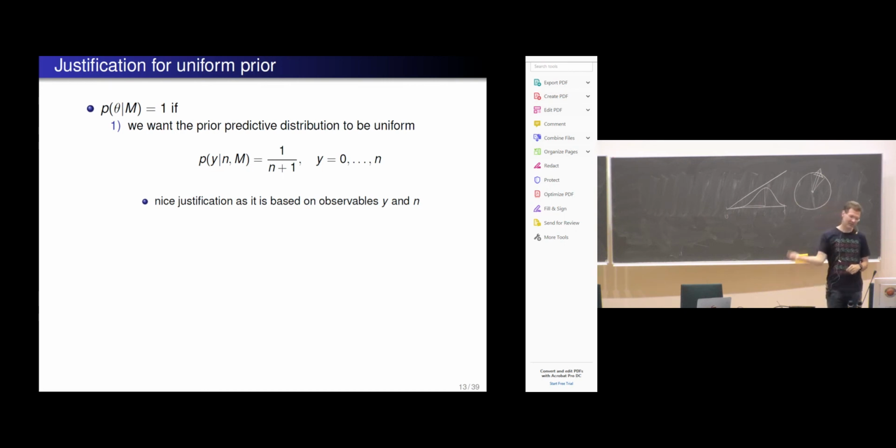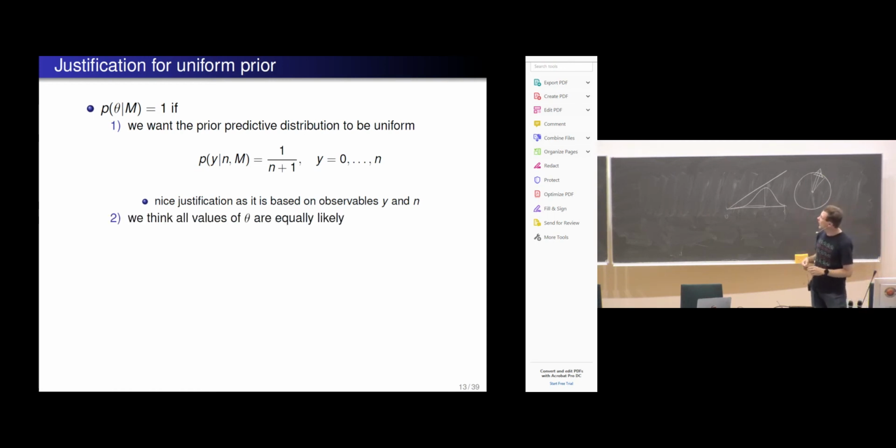And then you could compute from that that your prior has to be uniform on theta. And we can also use this justification with more complex models: what we know about observations, in which range our predictions should be, and then go back and decide what kind of priors we would like to have for model parameters.